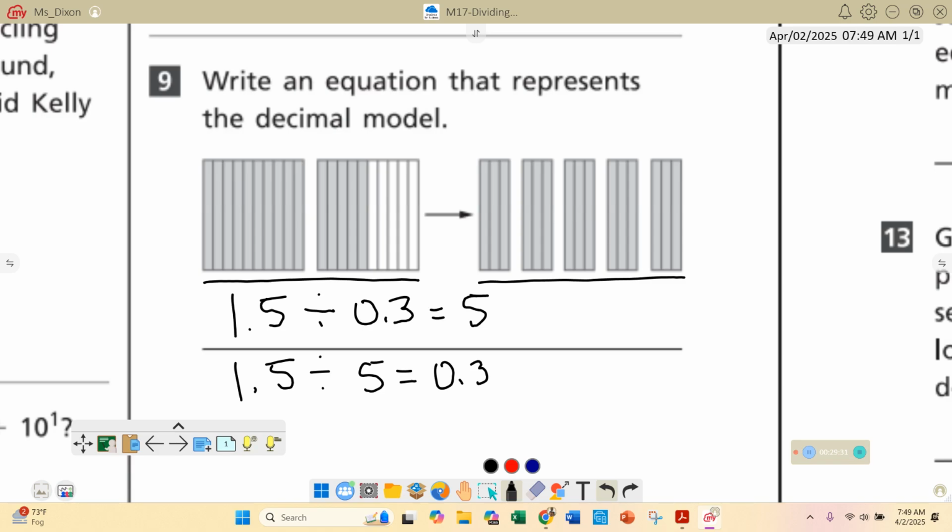When you are looking at your visual model, you want to take what's shaded all together, which is this part, that's your dividend. And then how it is separated is your divisor and your quotient. That's why we were able to say 3/10 could be the divisor, and 5 could be your quotient because there's 5 groups. Or you could say 5 groups is your divisor, and you have them in 3/10.